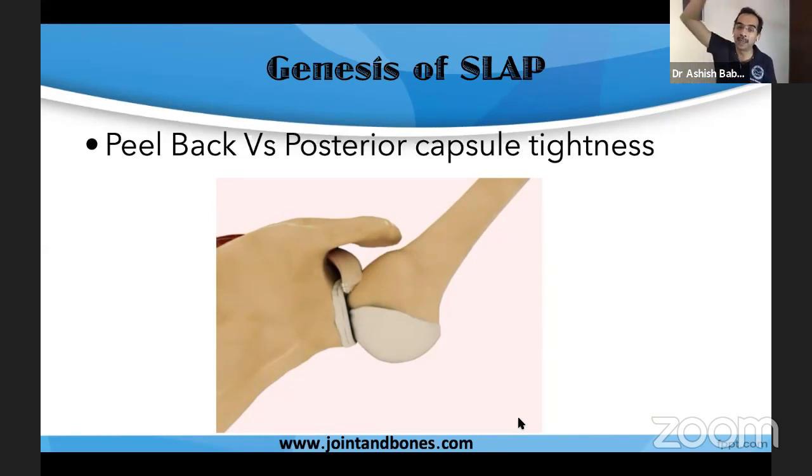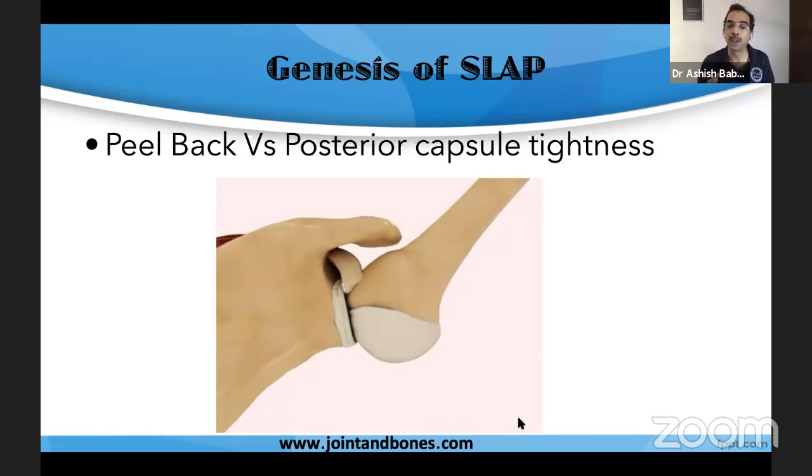The structures that prevent instability in this repetitive throwing movement are the anterior inferior structures, such as the subscap and the anterior inferior capsule with the IGHL. Now, because of overuse and repetitive throwing, it is important to understand that the structure likely to fail first is the subscap, because it's a muscle prone to fatigue.